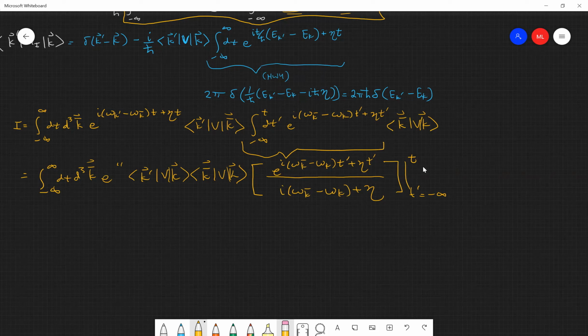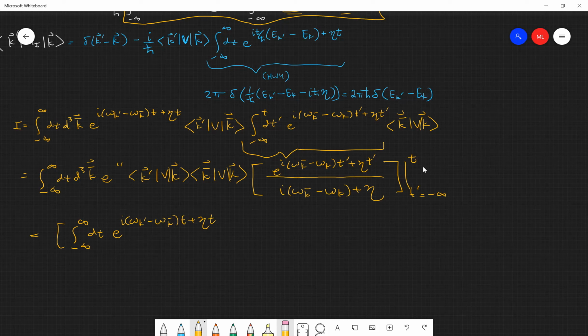And so if you keep the one evaluated at t, this part of the integration just gives you 0. What you're left with is just the leftover integral over t, which is going to be the integral from minus infinity to infinity dt of e to the i(ω_k prime minus ω_k bar) t plus eta t.